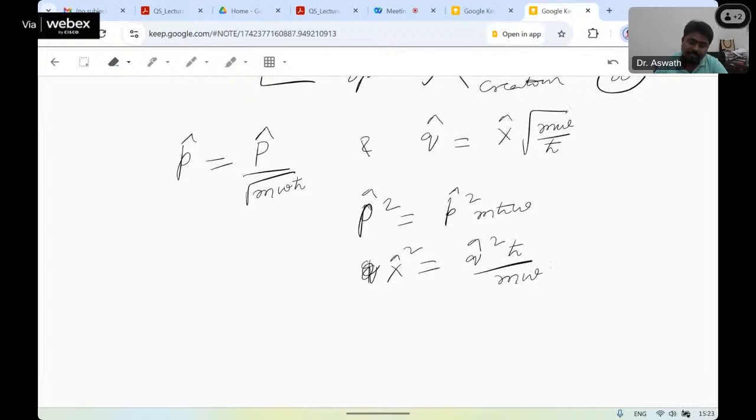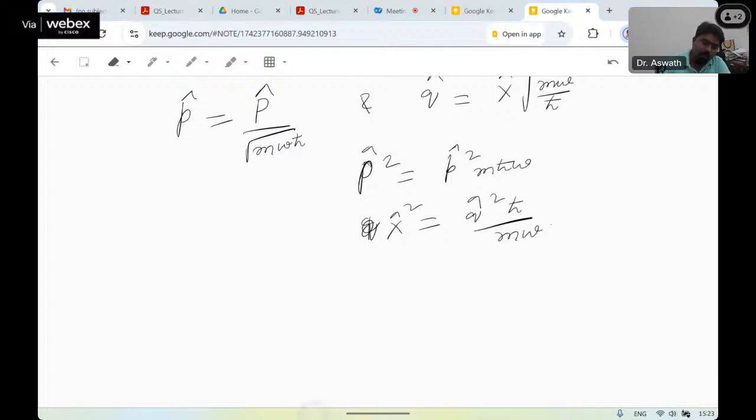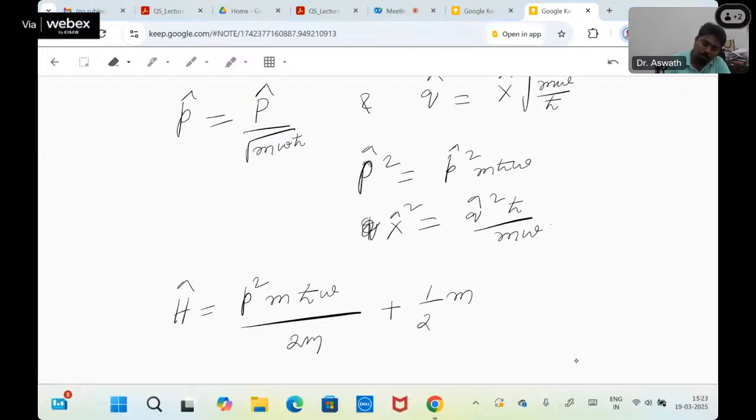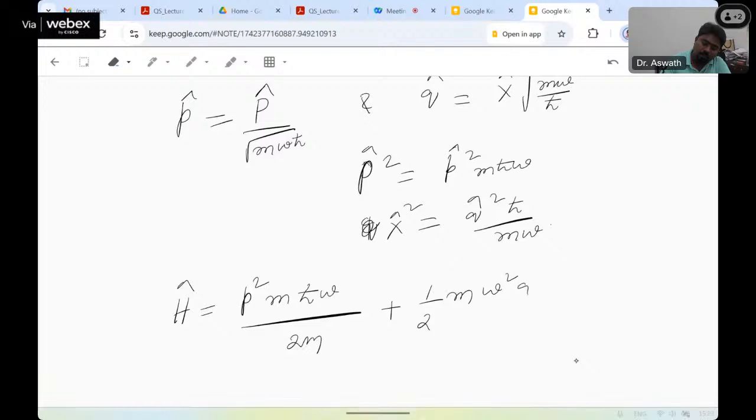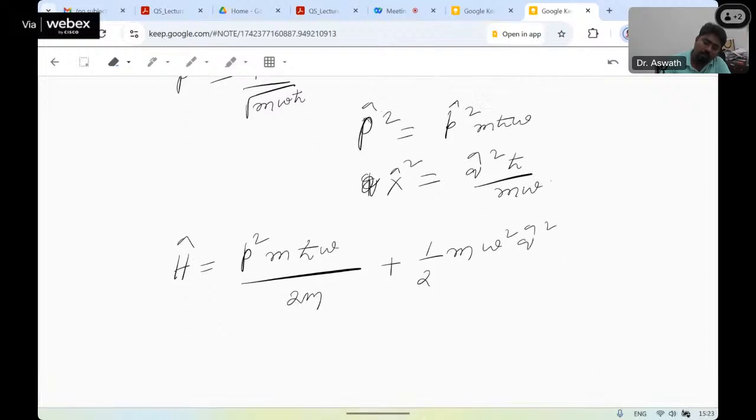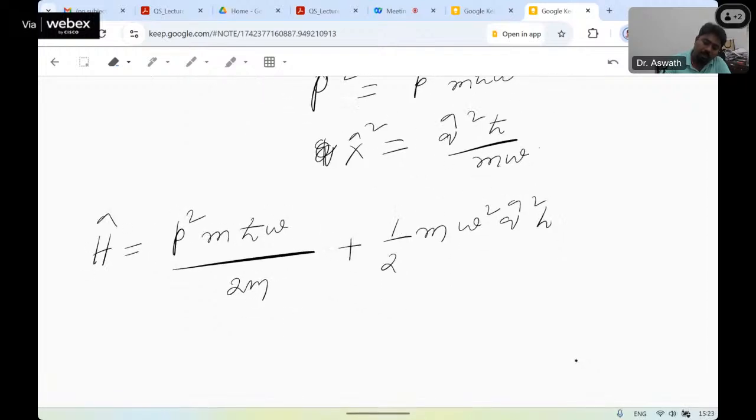If I introduce these changes in the Hamiltonian, let's cross check, I'll get p square m into h cross omega divided by 2m plus 1 by 2 m omega square q square h cross divided by m omega.